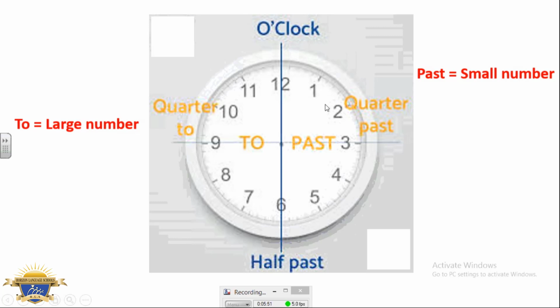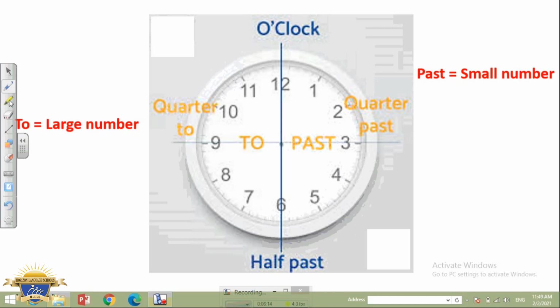When I say past, I take the small number. When I say to, I take the large number.